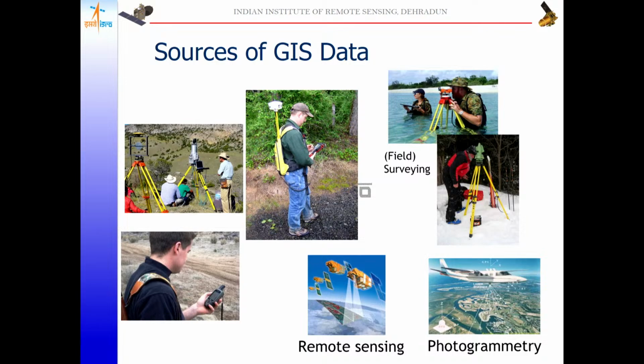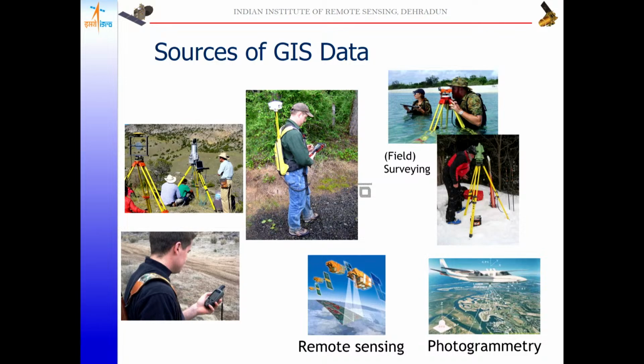With these kinds of handheld devices we can get the data directly in the form of a georeferenced point, georeferenced line, or area. So getting data from the field using handheld devices, mobile devices, is one of the direct sources of the data.